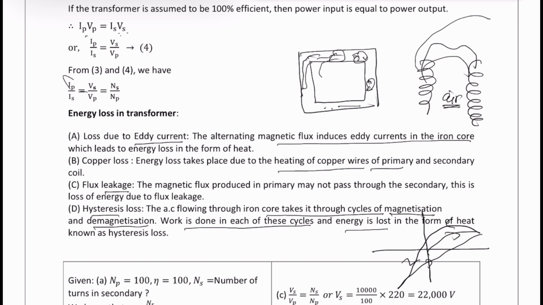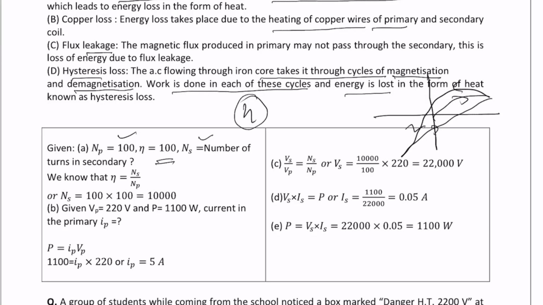Now in the question given, the number of turns in the primary, the number of turns in the secondary, and the efficiency, which is output by input, represented by eta. Eta is here given as 100. So eta is equal to output voltage by input voltage, and output by input is equal to what? Ns by Np. We have already explained: Vs by Vp, the voltage across the secondary to the voltage across the primary, is Ns by Np.